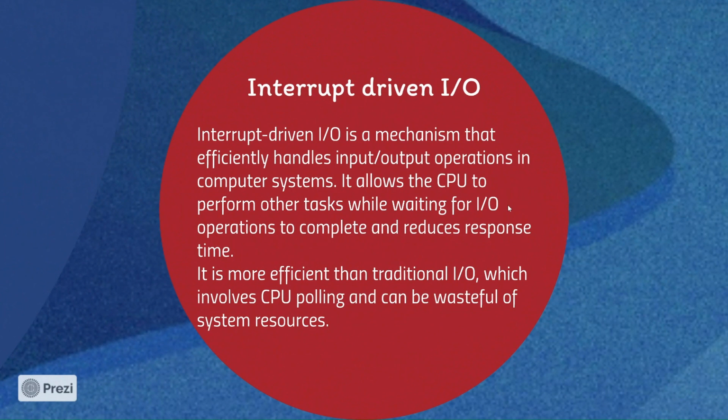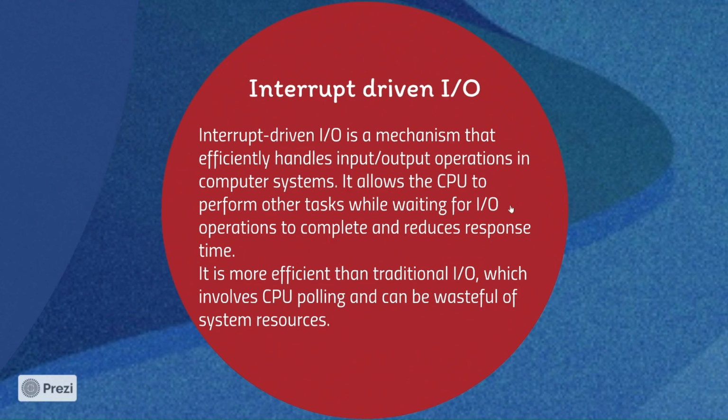Interrupt-driven IO is a mechanism that efficiently handles input-output operations in computer systems. It allows the CPU to perform other tasks while waiting for I/O operations to complete and reduces response time. It is more efficient than traditional input-output, which involves CPU polling and can be wasteful of system resources.